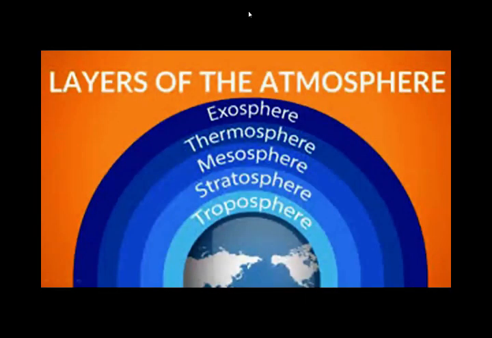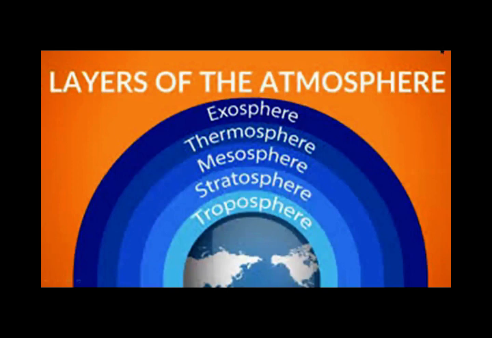What are the layers of the atmosphere? The atmosphere has five main layers. You can see this is our earth and these are the layers of the atmosphere. One, second, third, fourth, and the last. What are their names and what is the purpose of these layers?